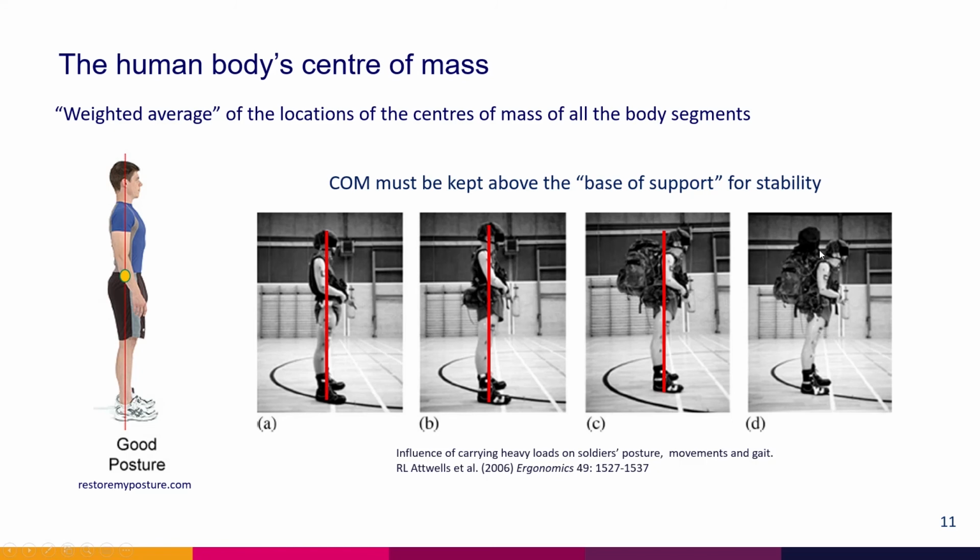And when even more weight is added to the backpack, you can see that he's had to incline himself quite far forward, again, to keep his center of mass above his feet so that he doesn't fall over. So by changing the distribution of body segment masses, we can change where the center of mass is.